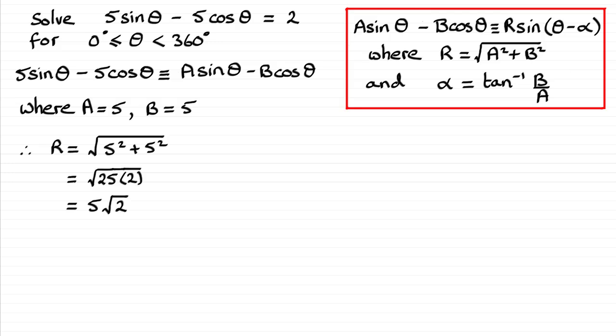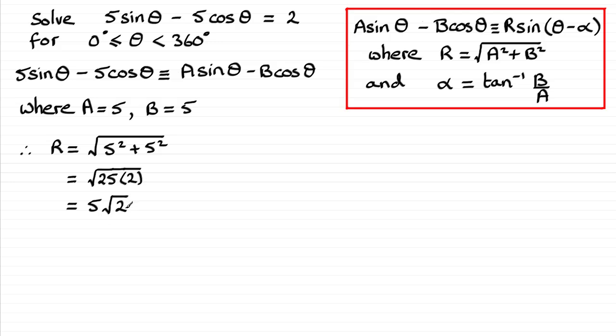So r is the result of square rooting 5 squared plus 5 squared. Well, that's going to be 25 times 2, root 50, but keeping it in this form, you can split it up using the laws of surds. The square root of 25 is 5, and we'll just leave the root of 2 as root 2.